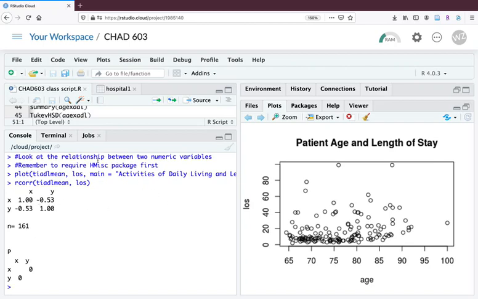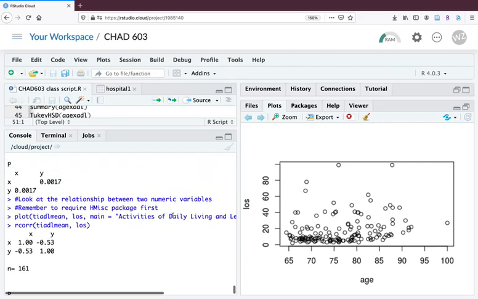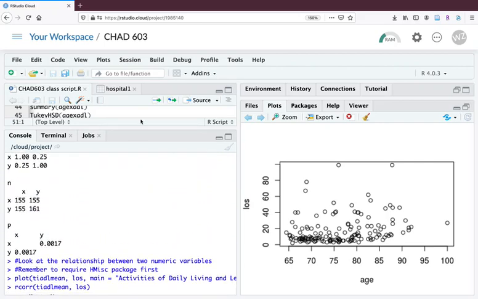Remember, we have both magnitude and direction. So it is a negative relationship, which is fine, but the magnitude is 0.53. So this is a more moderate relationship. And now I wanted to show you something that was a much stronger relationship.